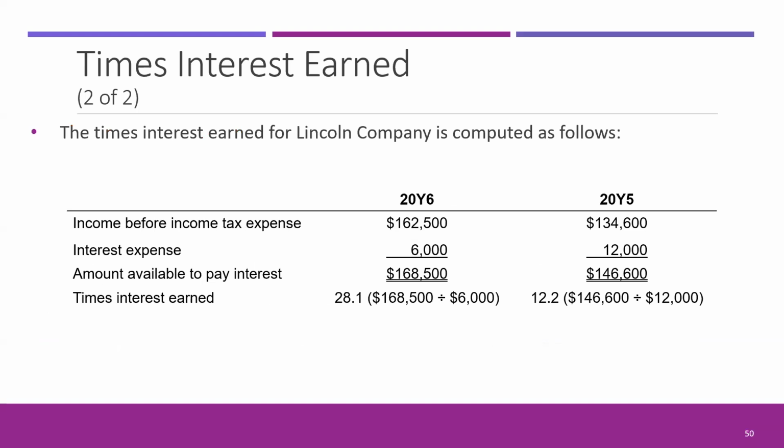For example, for this company, we have income before tax of 162,000, interest expense 6,000, 28.1 times interest earned. And then this one is 12 times interest earned. Both of these companies will never have an issue borrowing debt in the near future if their profitability remains this way.